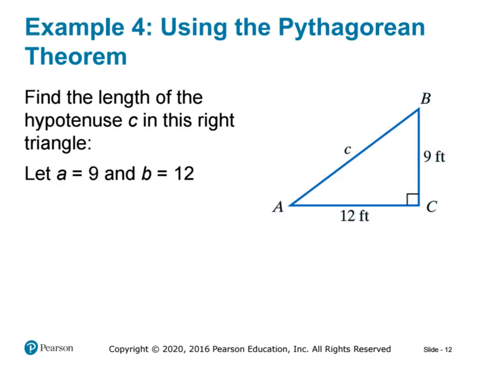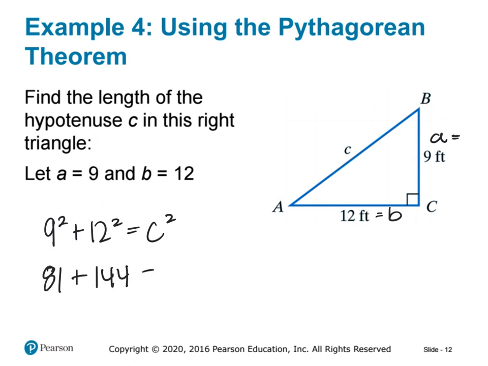All right, so let's try one. So we have A and B, and then we want to find out what C is. So we have 9 squared plus 12 squared equals C squared. So 9 squared is 81. 12 squared is 144.